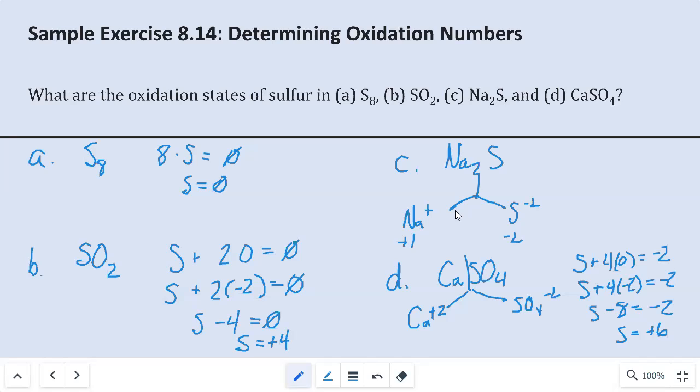So if I know the oxidation state of chlorine in chlorate, the same oxidation state will be there for bromine in bromate, iodine for iodate, because the breakdown of the ion is the same. I've got a halogen and 3 oxygens making a -1 charge. So it doesn't matter what the halogen is. 3 oxygens are going to make a -6, which means that the halogen is going to be +5 to give the -1 overall charge.